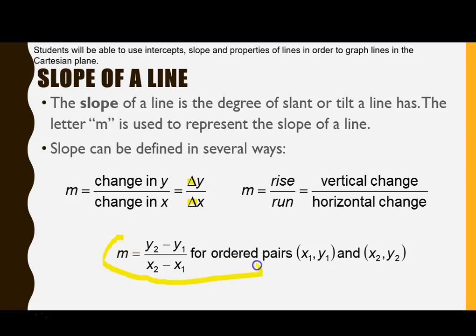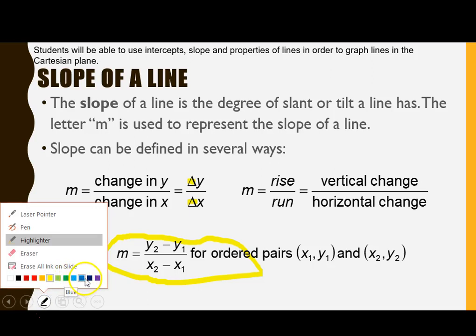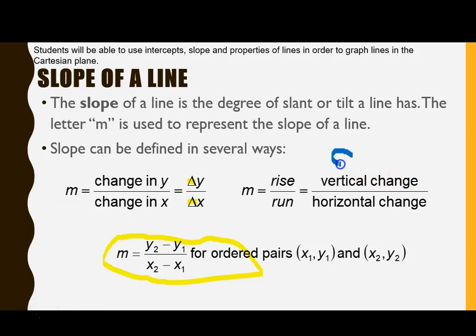Okay, so what I'd like for you to do is think about, when would I use rise over run to calculate versus when would I use y2 minus y1 divided by x2 minus x1? Well, if I don't have ordered pairs, I can't very well use this, right? So I'd use this one anytime they give me two ordered pairs, but if I'm looking for just rise over run, I might be using that when I have a graph, and they ask me to look at the graph and decide.